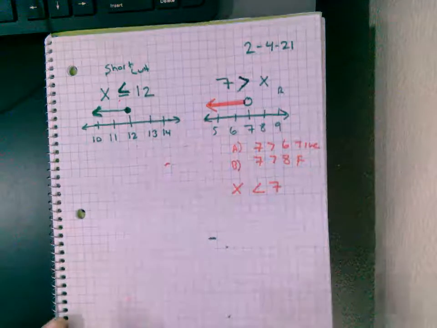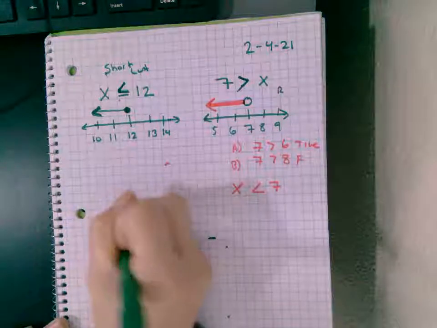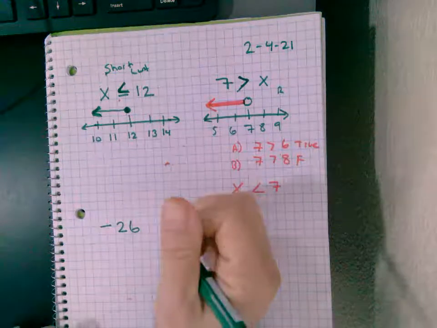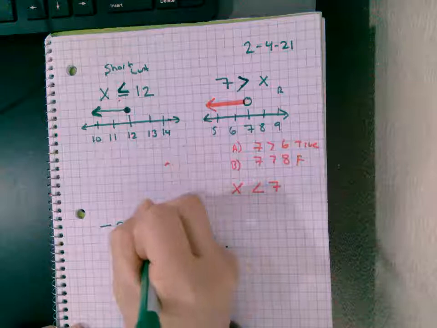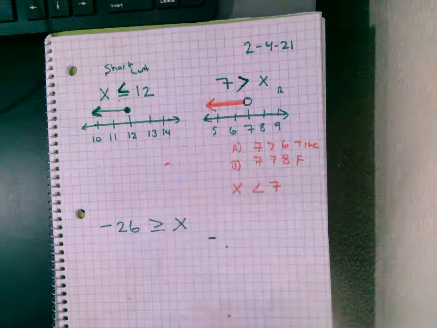All right, let's try this one. Negative 26 is greater than or equal to x.